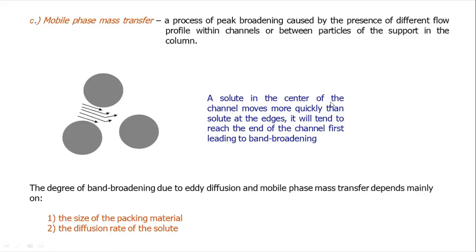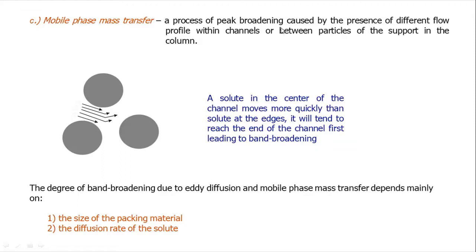So, it is a process of peak broadening or band broadening caused by the presence of different flow profiles within channels or between particles of the support in the column. So a solute in the center of the channel moves more quickly than solute at the edges. It will tend to reach the end of the channel first, leading to band broadening.